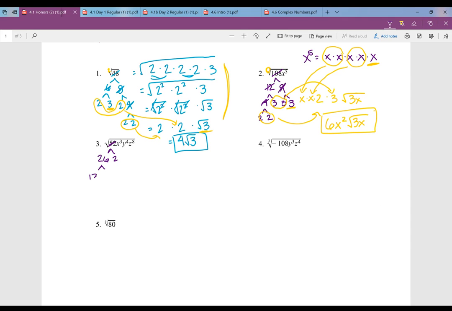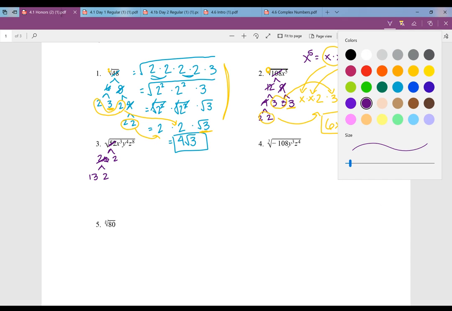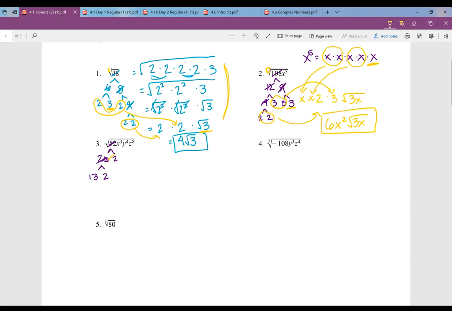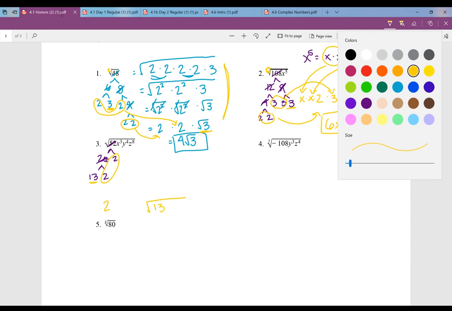Well, that's 13 times 2. Will 13 break down anymore? No. So we're actually done there. So let's look. We have a group of 2 2s, and our 13 is by itself. So we're going to pull a 2 out, and then 13 is going to stay under the radical.